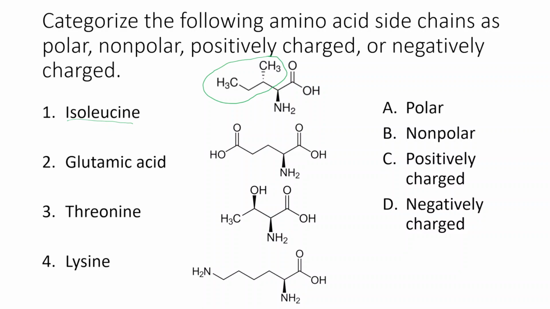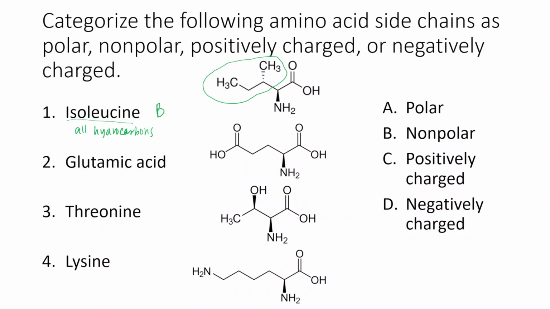Yes, it is nonpolar. How do you know that? Exactly, it's all hydrocarbons. We consider carbon-hydrogen bonds to be a little bit polar, but we classify them as nonpolar for the purposes of biochemistry and most other chemistry.